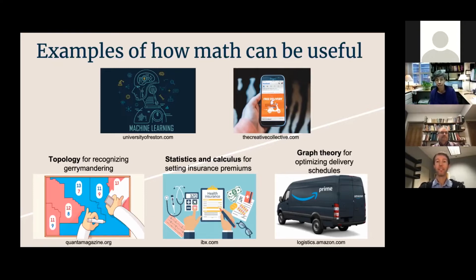Statistics, the standard things, insurance, setting insurance premiums, and then graph theory. An example is optimizing delivery schedules. Other courses, I could go through most of our upper level courses and give you some examples of that.